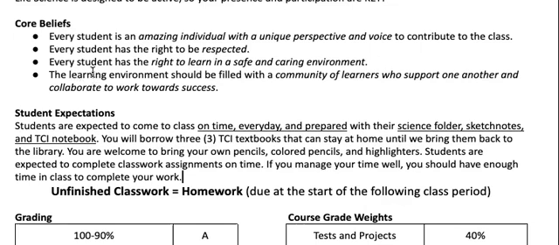The learning environment should be filled with a community of learners who support one another and collaborate to work towards success. And so this is the mindset I try to show up with every single day. And as long as we have an understanding about this, everything should be all good.